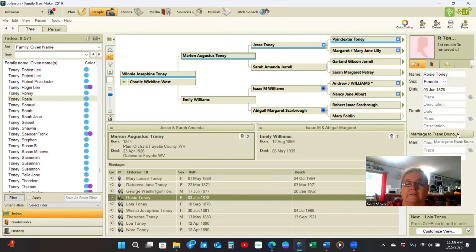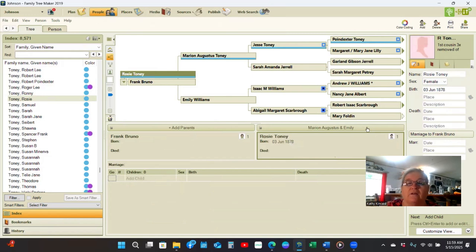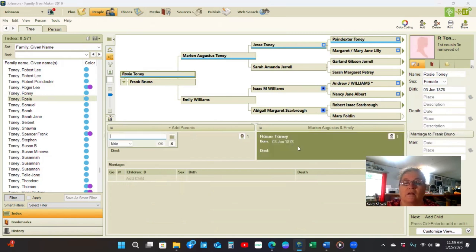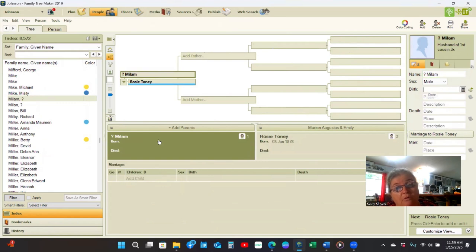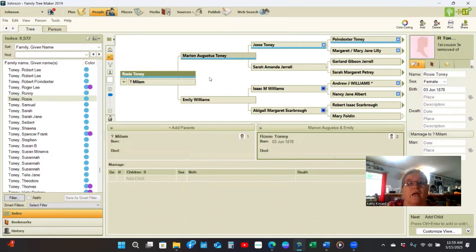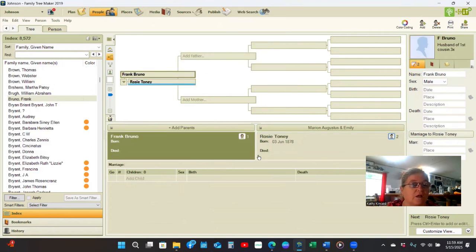And she married, and see this one? I'm going to put that one in as a second husband because that name is completely not the same. And we're going to put a question mark, Milam, because we don't know if that's the same person or not. So we can't just ignore the fact that she may have had two husbands, even though it didn't say that on there.